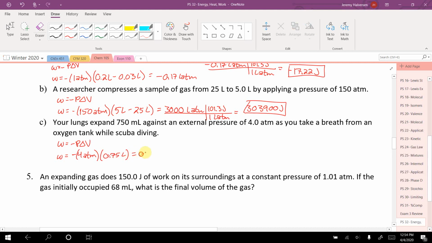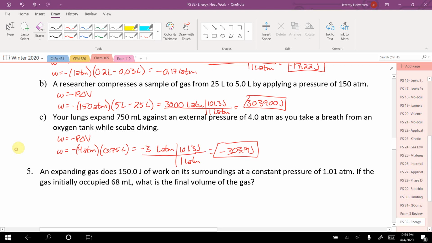Which gives me a value of negative 3 liter atmospheres. I can change that: 1 liter atmosphere, 101.3 joules. And my final answer is negative 303.9 joules. Okay, so just some work calculations.